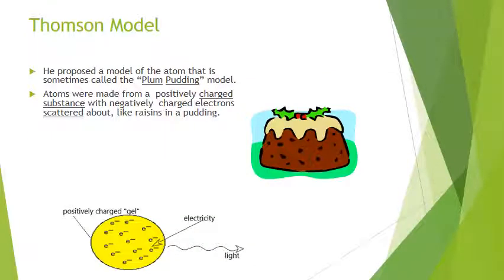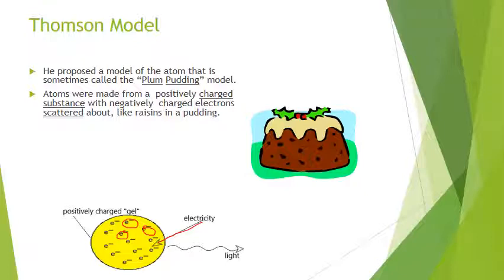His idea was that there were atoms bouncing around inside that gas tube, and the atom had electrons embedded inside it. When the electricity hit, the electrons would fly off and create light.